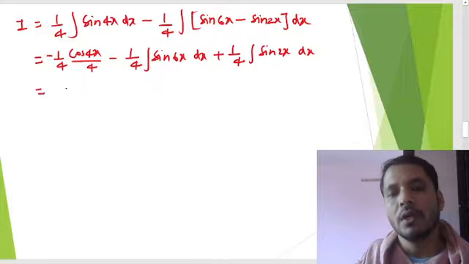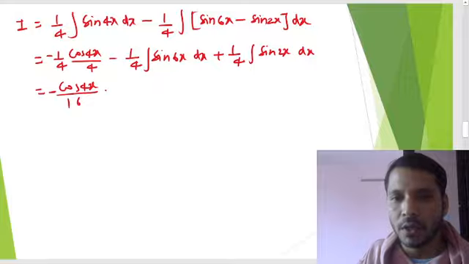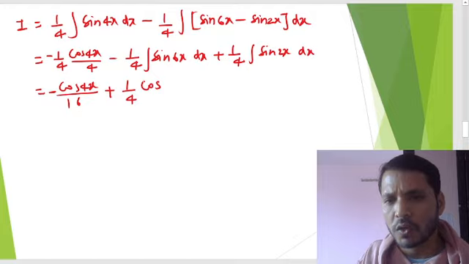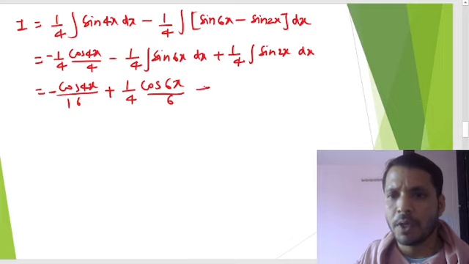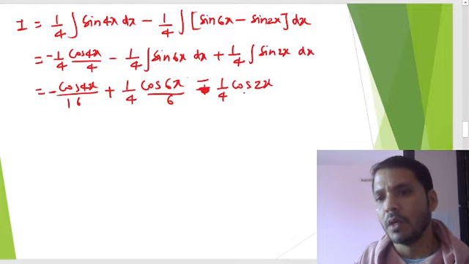So here it will become cos 4x divided by, with the minus sign, 16, and here 1 by 4 and integration of sine will again become minus sign, so minus minus will become plus, it will give us cos 6x divided by 6 and plus 1 by 4 cos 2x, but because of this minus sign here this will now become minus, so minus cos 2x divided by 2 plus c, right?